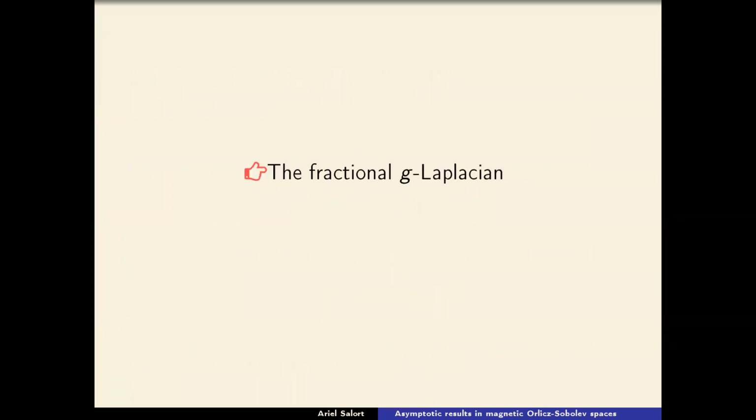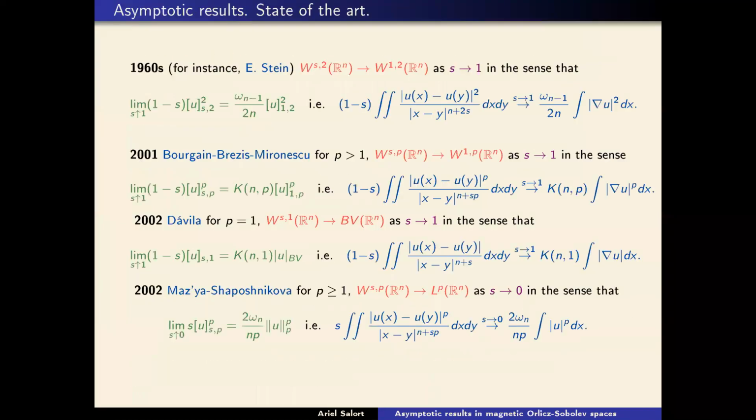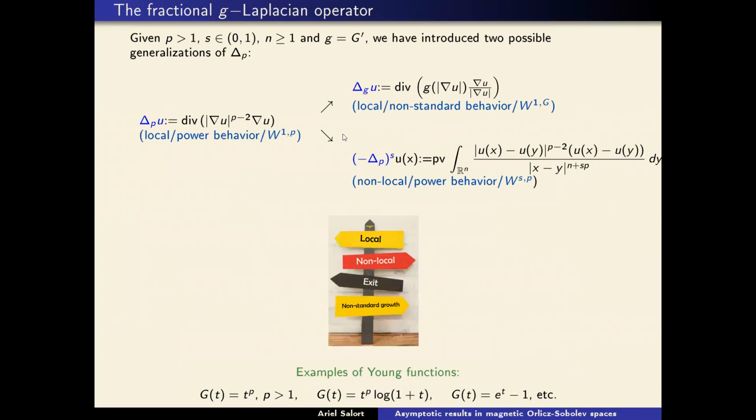Now, I want to come back a moment to this slide. You see the bifurcation point. We have seen that the p-Laplacian can be generalized in this way or this way: the g-Laplacian or the fractional p-Laplacian. Now I want to mention one operator which is in some sense a generalization of these two operators, in the sense that it is non-local and has a non-standard behavior of the gradient.